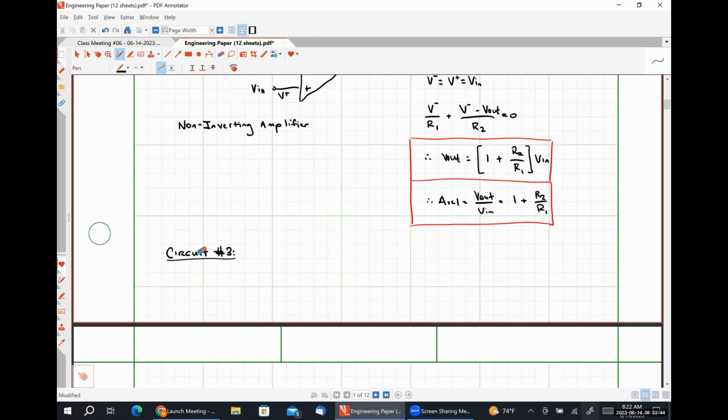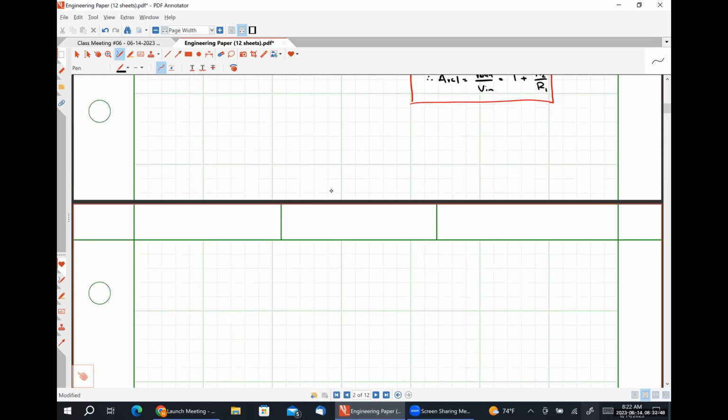Let's move this down to the next page, and remembering to give myself room here.